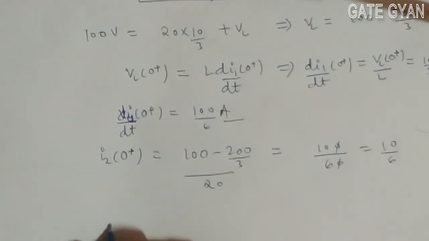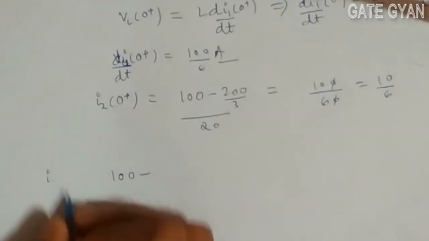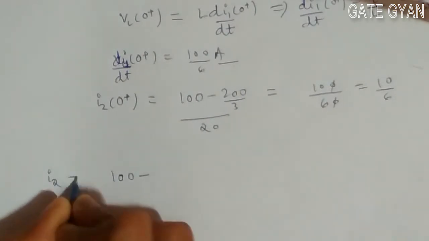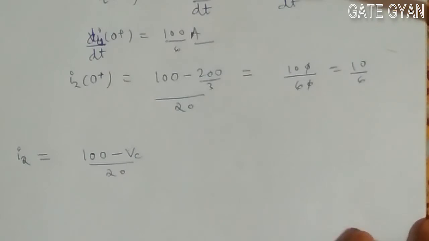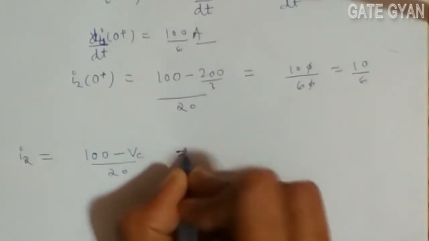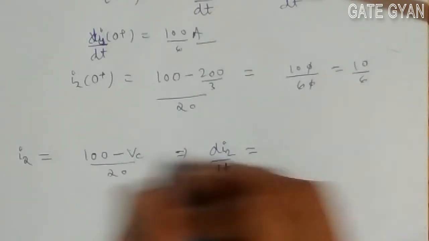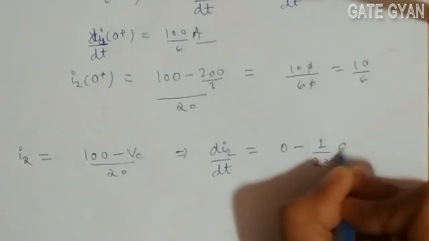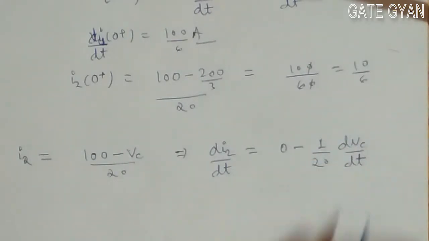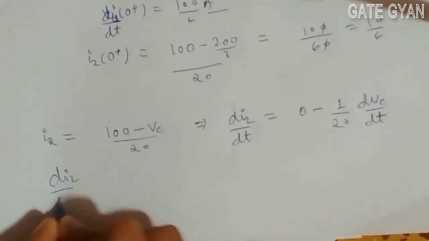Now I'm rewriting here. From the first circuit I get my I2 as I2 is equal to 100 minus VC by 20, or I can write my di2 by dt as 100 upon 20 will be constant, so it will be 0 minus 1 by 20 and it will be dVC by dt.